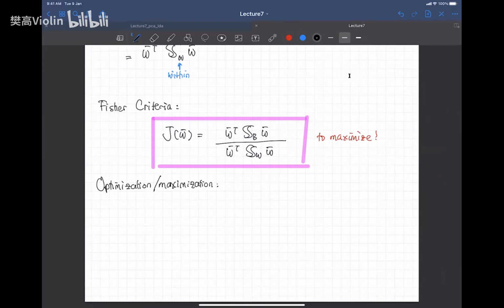And how can we optimize this, anyone? Any idea how to optimize this?